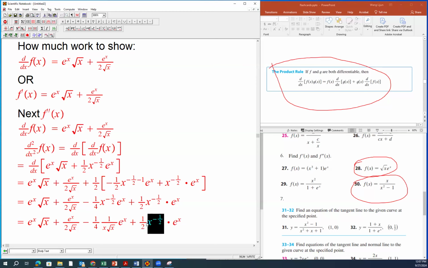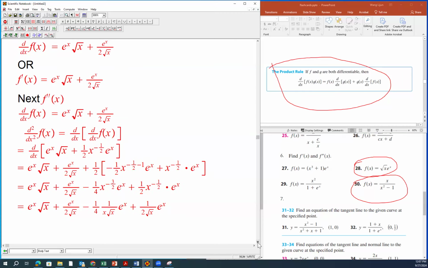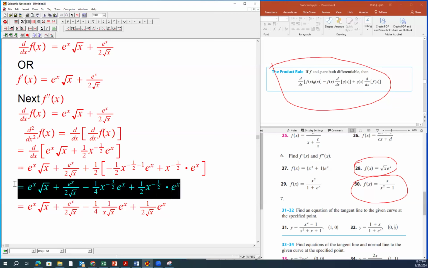So this way it will be all consistently root form. Usually you stop anywhere here, that'll be fine. But I'm just going to give you a little bit more, because we'll need this technique for chapter 4.